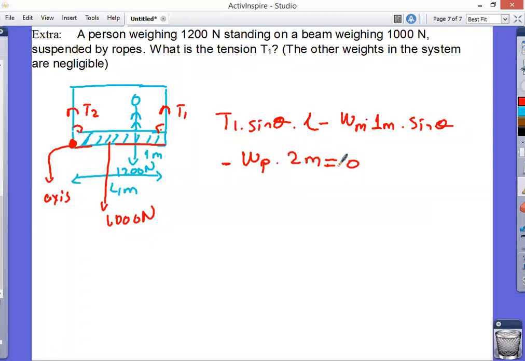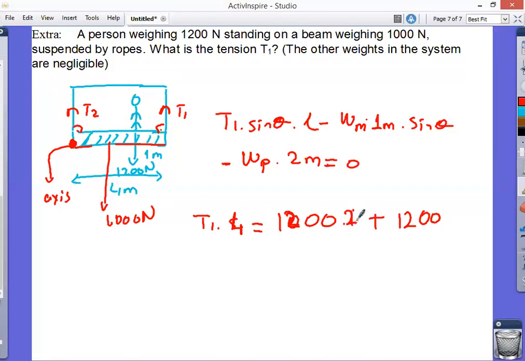Now let's leave T1 sine theta alone. Sine 90 is already 1. So let's put here 4 meters, the total length of the plank. The weight of the man is 1,200, sorry. 1,200 times 1, plus, sine theta again is 90 degrees so there is no need to put it.